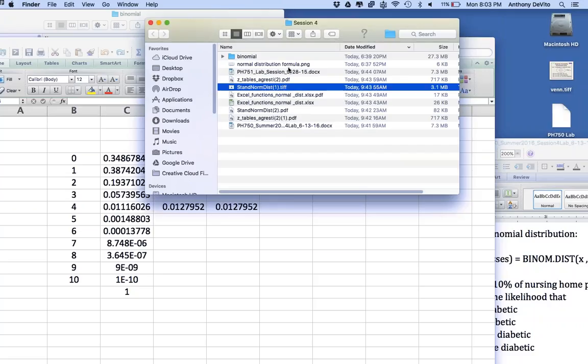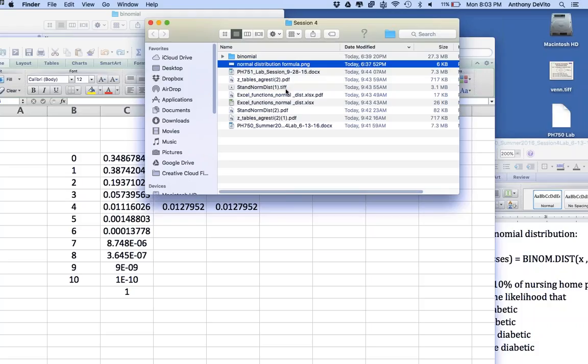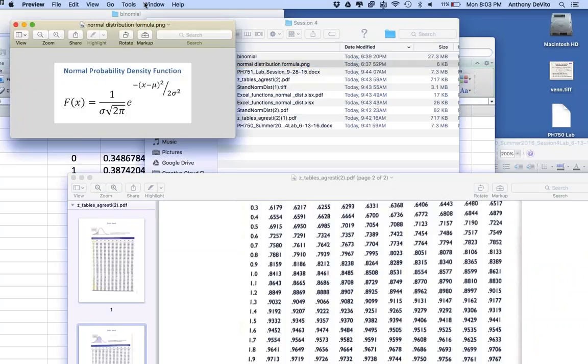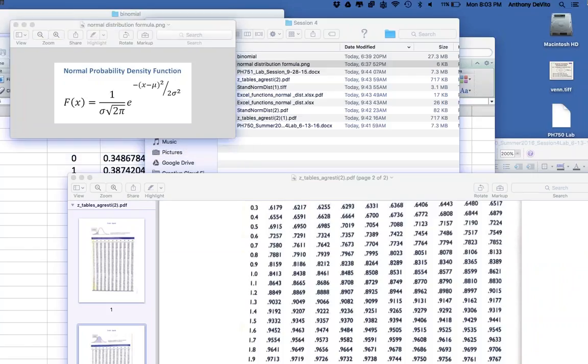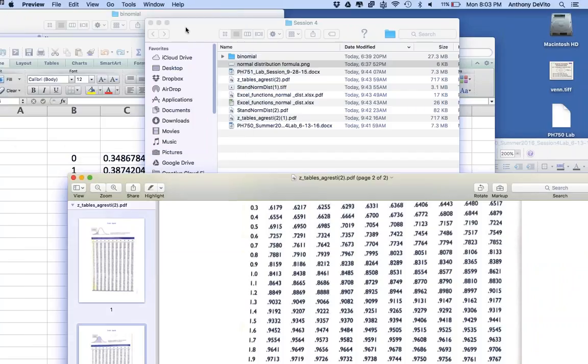Nope, that's not it. Where'd it go? Normal distribution. Oh yeah, that was just that. I'm going to put this back here. Shouldn't have been B11. Yeah, you're right. Somebody caught me on that error. I wish I had looked at that before I actually did it.